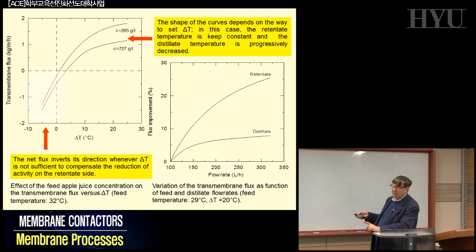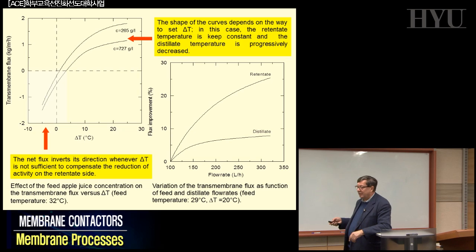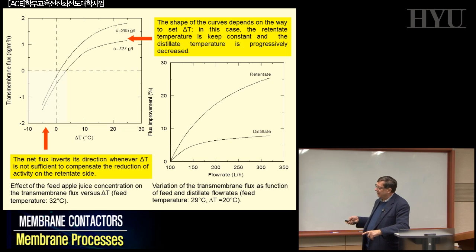It's not linear, by the way, as we had in delta P, because linearity was characteristic of the Van 't Hoff equation, but here it's the same kind of phenomenon. Another point that is very important is that delta T can be created in a different way.